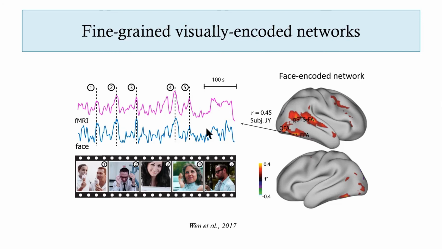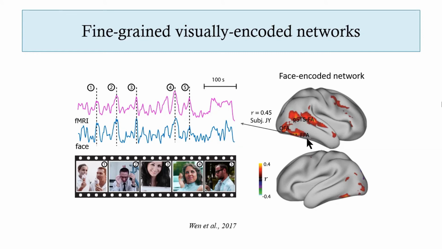One more argument we like to make is that if you move a seed location to an extrastriatal cortex, in this case the fusiform face area, and you look at cross-session functional connectivity, you can end up with a pattern that looks just like a face selective network.